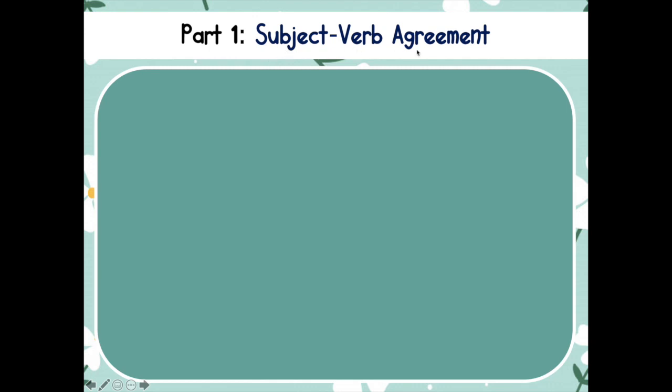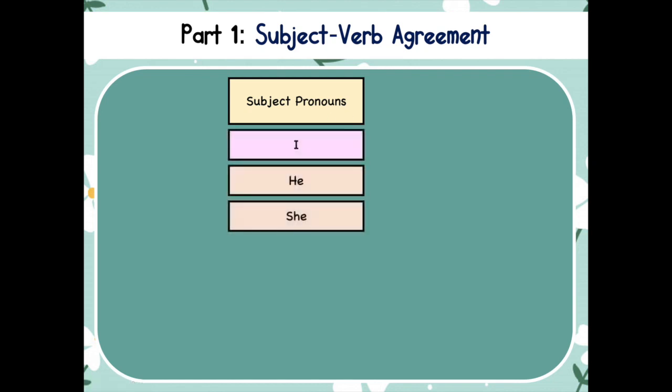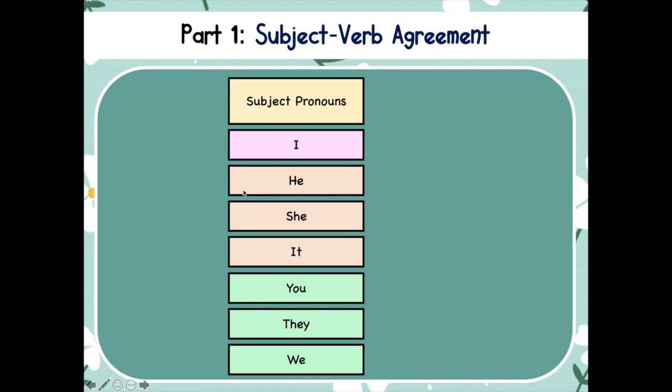For subject-verb agreement, you must have the subject pronouns. There are 7 subject pronouns, which are I, he, she, it, you, they, and we.